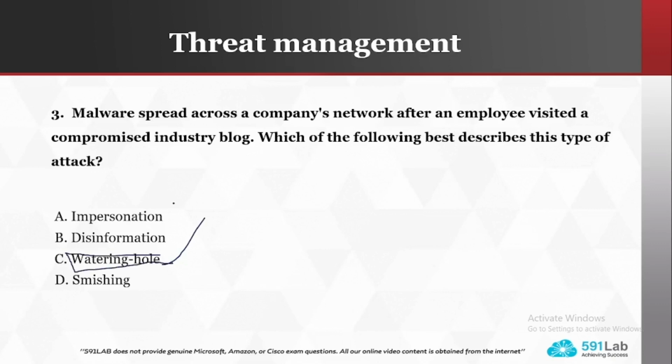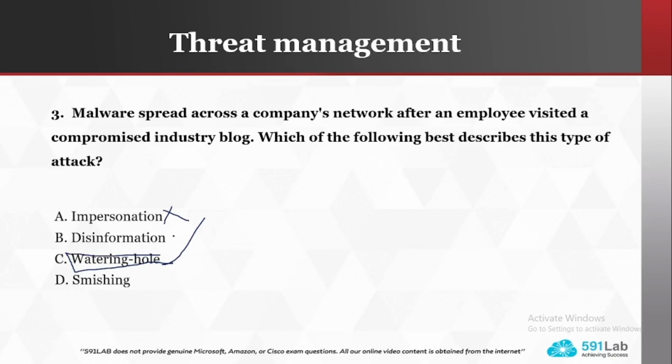We see A cannot be the answer, since in impersonation an attacker might impersonate an individual or entity to gain trust. This would not necessarily explain how malware spread across a network after visiting a website. Second is disinformation. This refers to spreading misleading information, not directly injecting malware into a system.